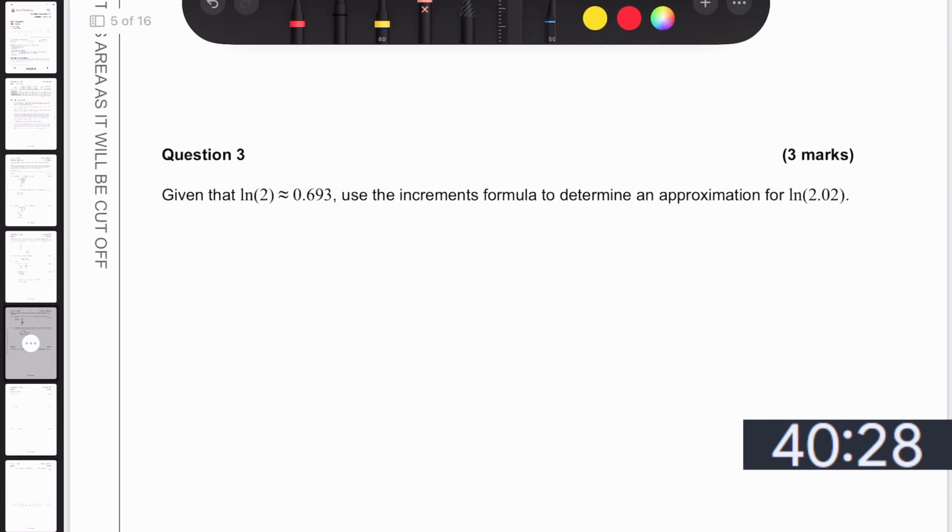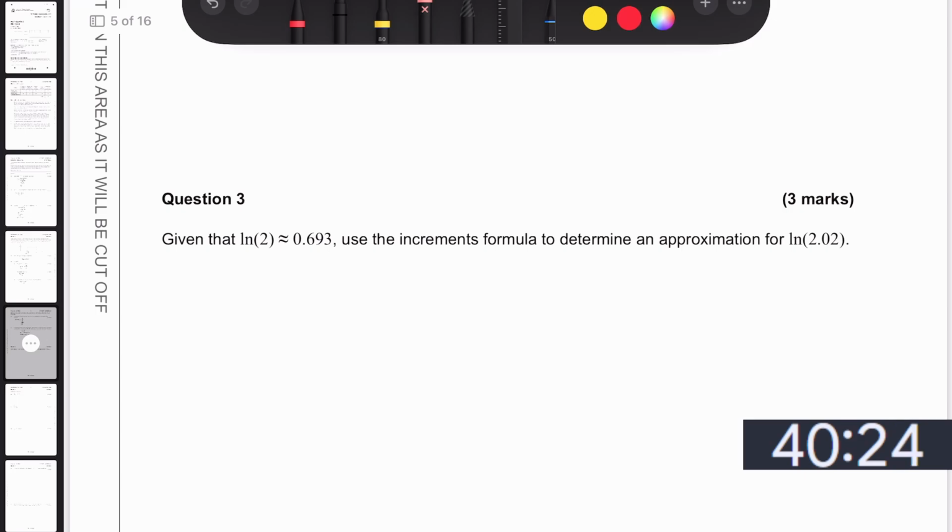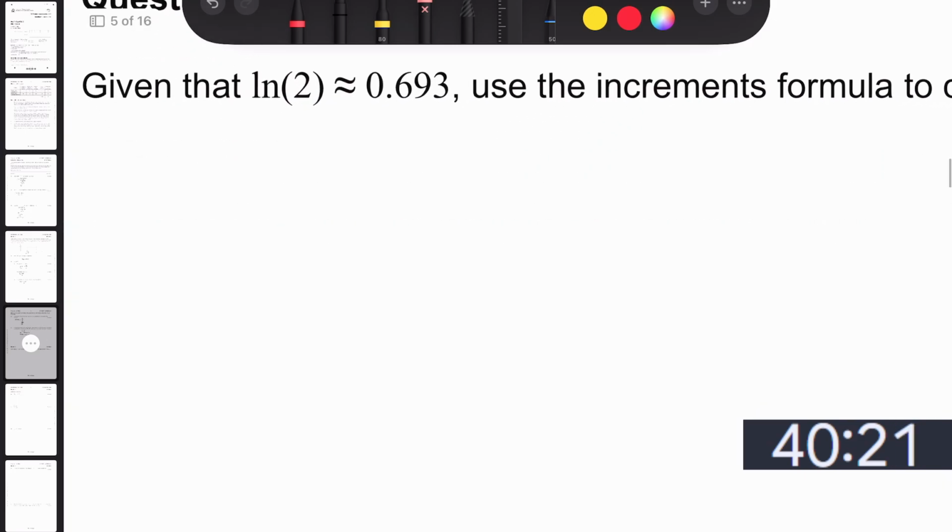Given that, use the increments formula to determine the value for ln 2.02. So let's see, ln of x. Let y equal ln of x. The derivative of this is 1 on x. So let's write this as dy dx.